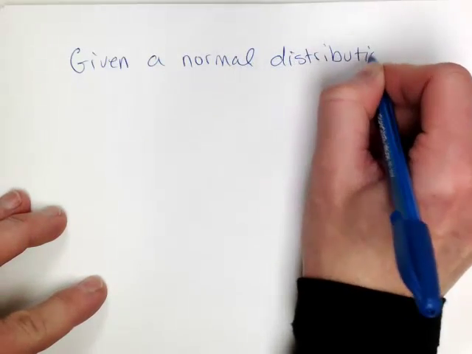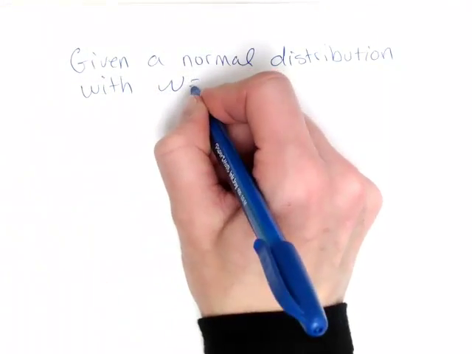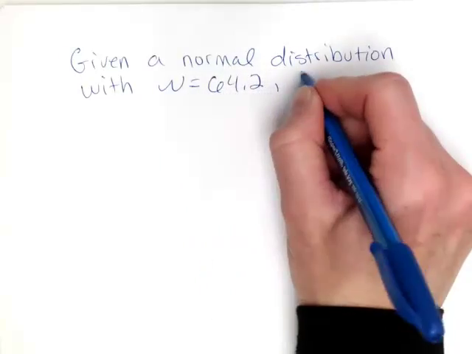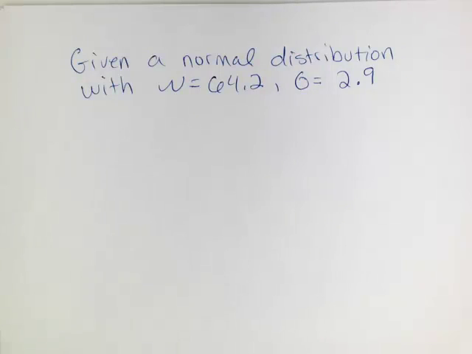That's the heights of men, with mu equal to 64.2 and sigma equal to 2.9. So we know right off the bat this is not standard normal. So if we were to do this by hand, we're going to have to first get a z-score and then unstandardize to get a corresponding height.